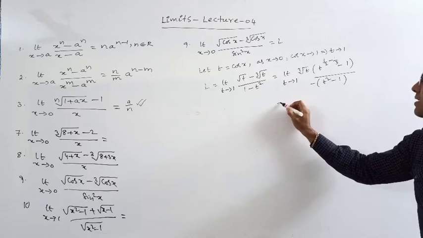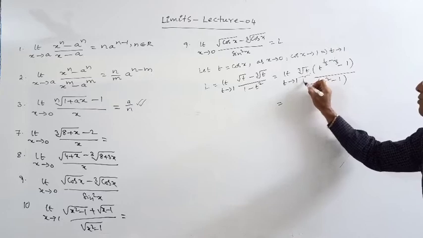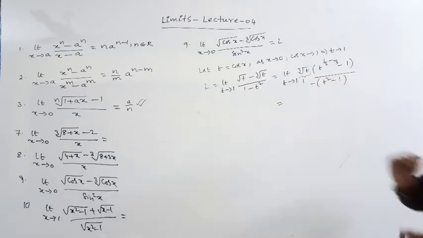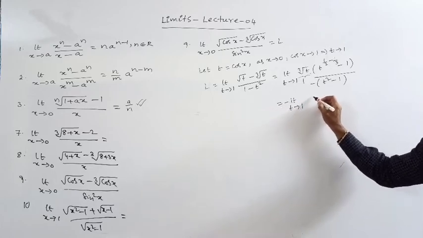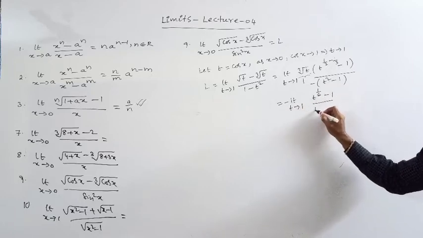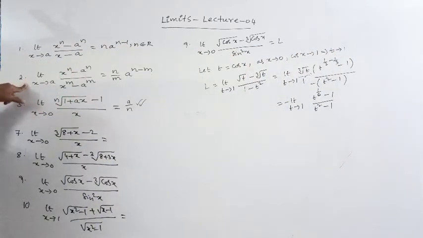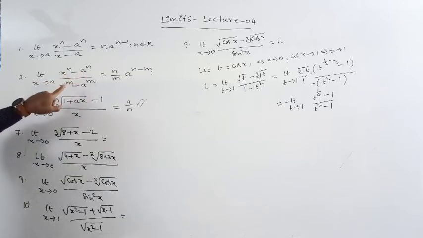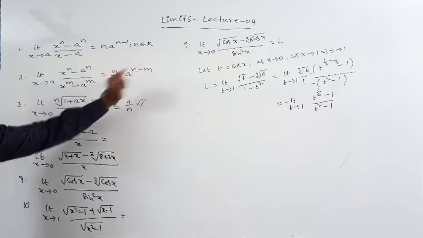Okay, so here put t equal to 1, so this value becomes 1. Right, and this becomes negative of limit t tends to 1, t to the power of 1 by 6 minus 1 by t square minus 1. You can use the second formula: limit x tends to a, x power n minus a power n by x power m minus a power m, that's equal to n by m into a to the power of n minus m.